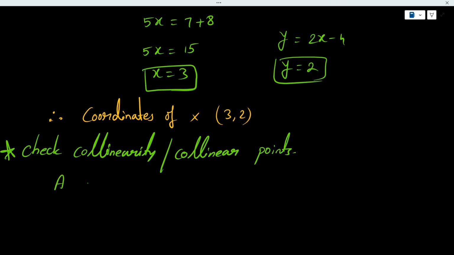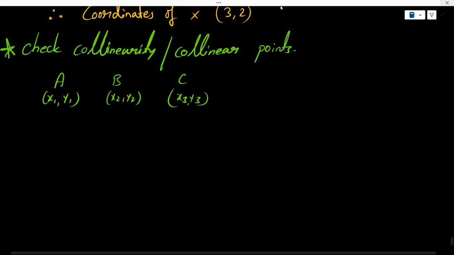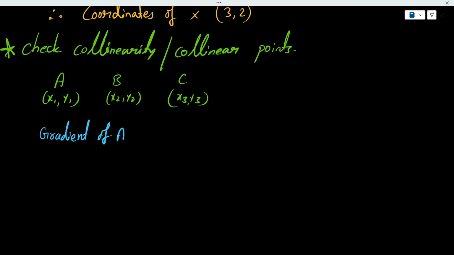So if I'm giving you the coordinates of A as x1, y1, any coordinates, then for the coordinates of B, this is x2, y2, and here there is a point C, x3, y3. If you need to check the collinearity, you are going to find the gradient of AB and of BC.